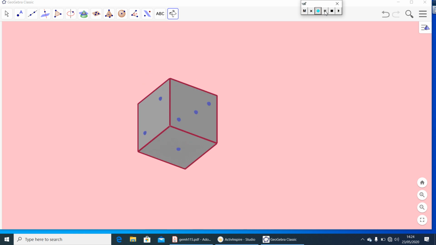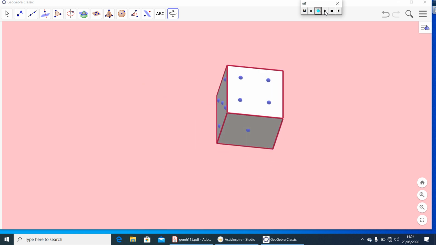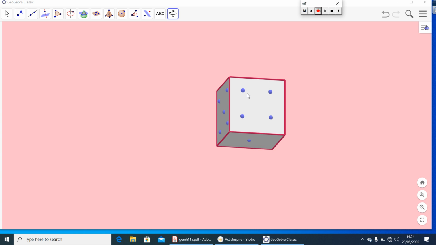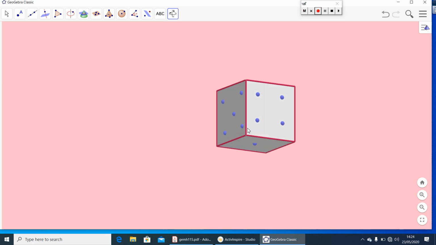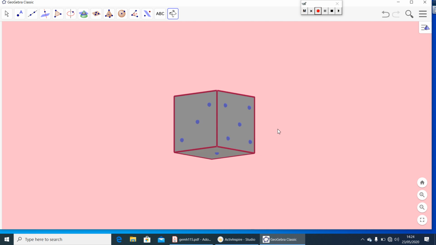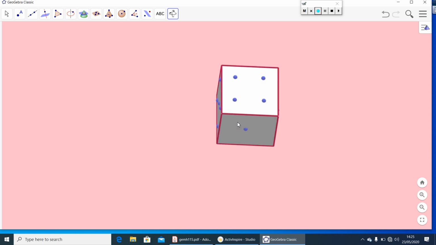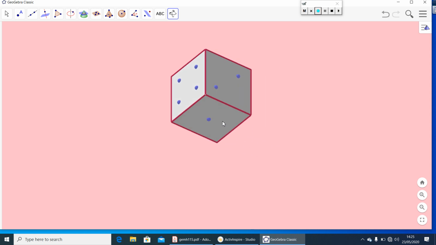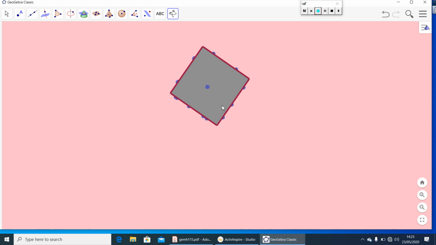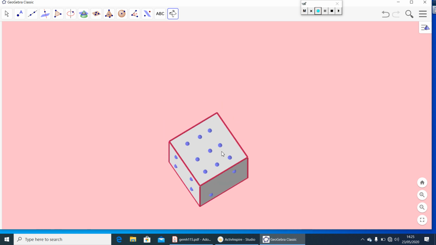Let us have a look at it. This face contains 4 dots and its opposite face has 3. Here 5 and its opposite face has 2. Here it is 1 and its opposite face contains 6 dots.